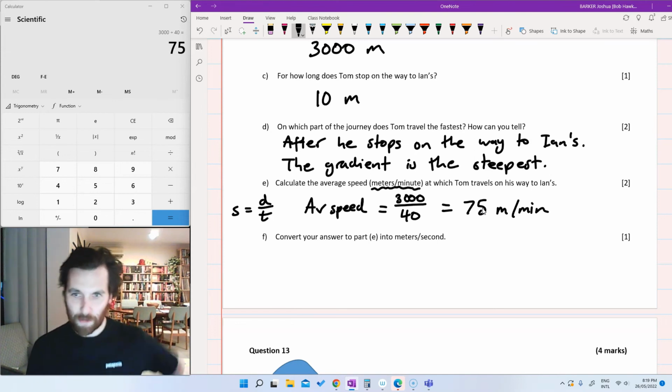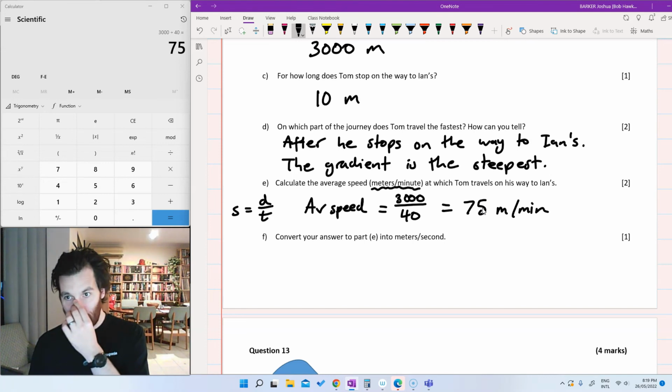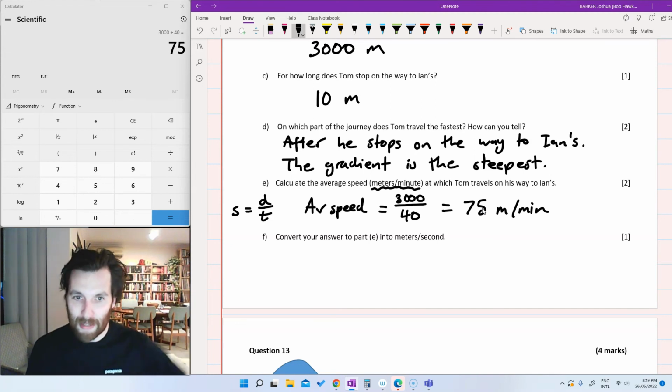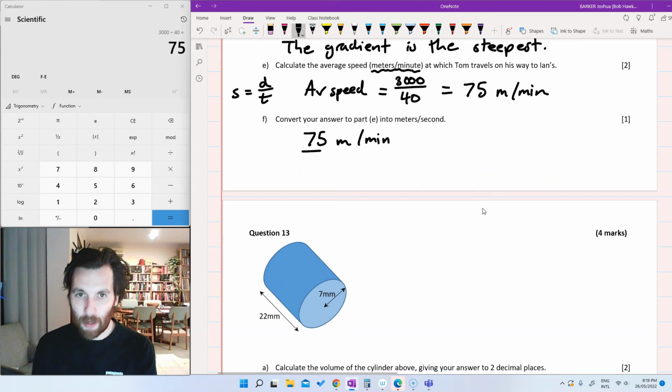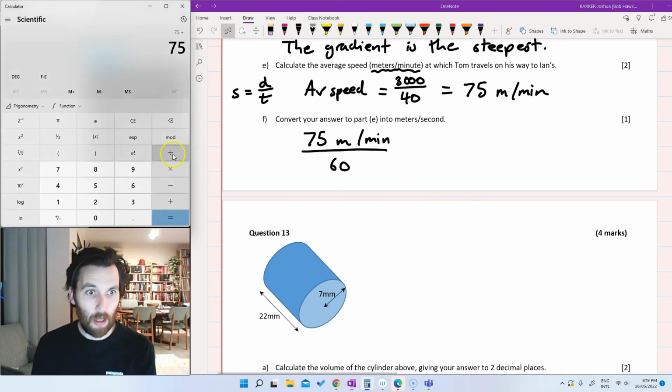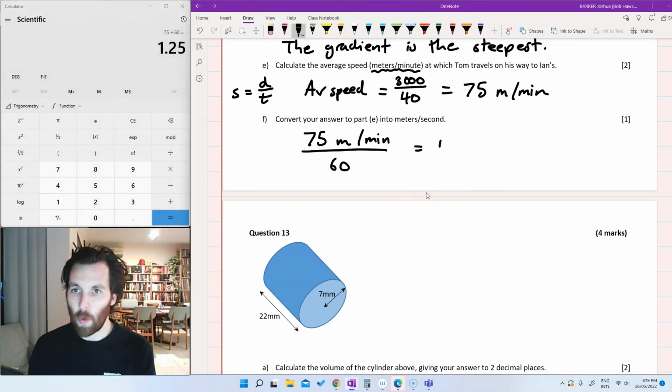If we're traveling 75 meters per minute, and there are 60 seconds in a minute, we'll have to convert that by dividing by 60. So 75 meters per minute, divided by 60, gives us 1.25 meters per second. Beautiful.